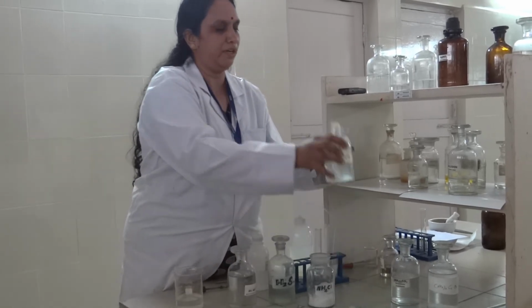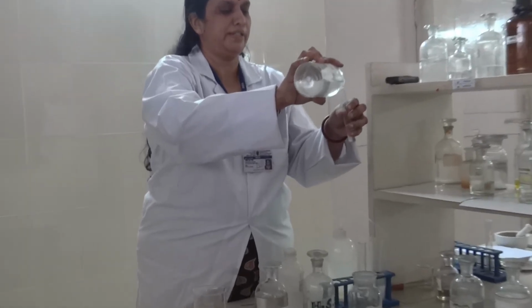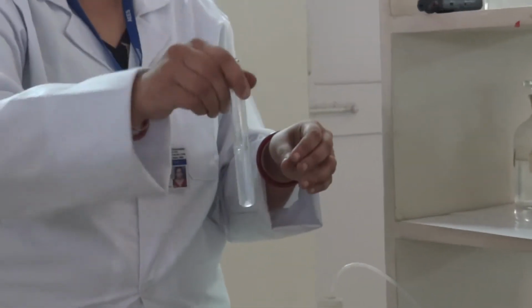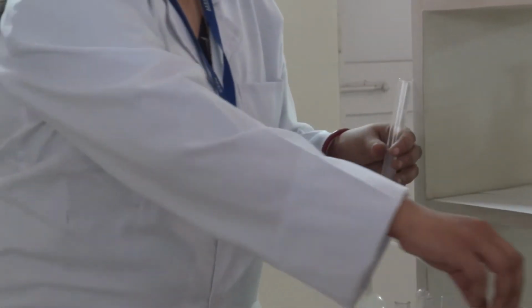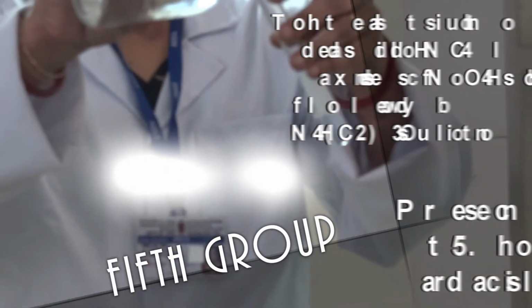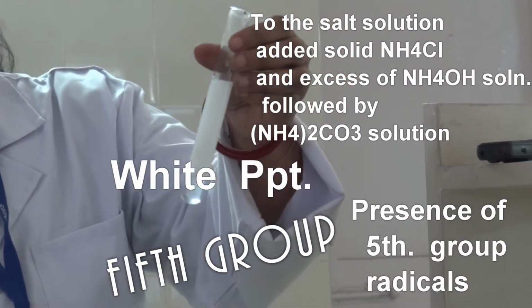Let's add ammonium hydroxide. Ammonium hydroxide should be in excess to make the medium basic. Now to this we'll add ammonium carbonate. You can see that a white precipitate is formed, proving the presence of fifth group.